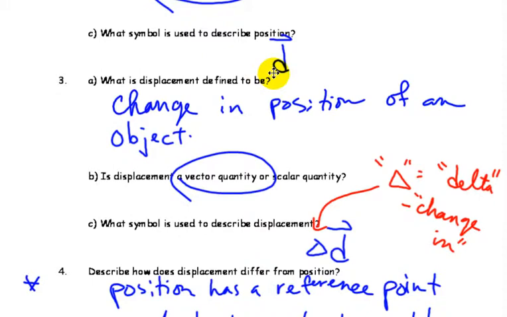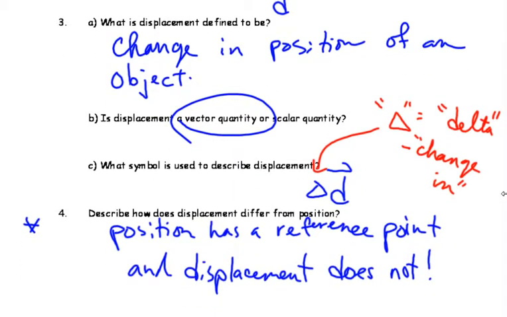So displacement is really going from one position to another position. And if we look here, how does displacement differ from position? Position has a reference point and displacement does not. Displacement is just the change between 2 points taken.